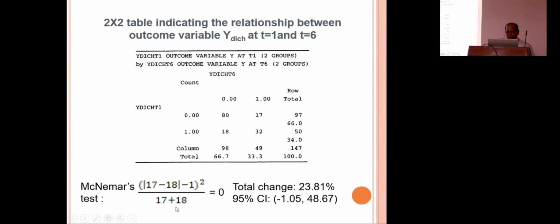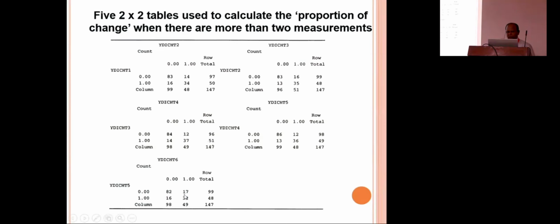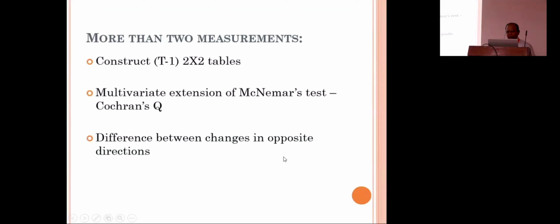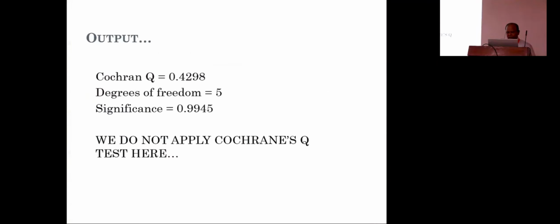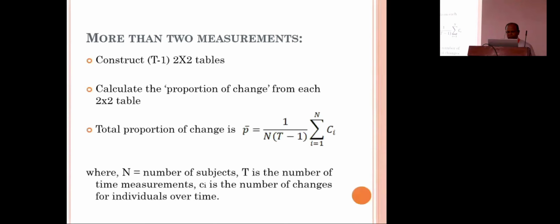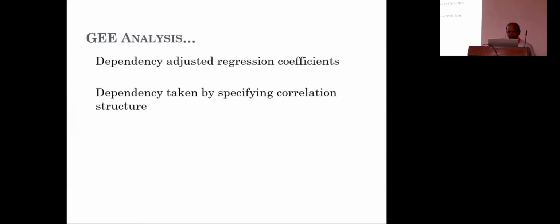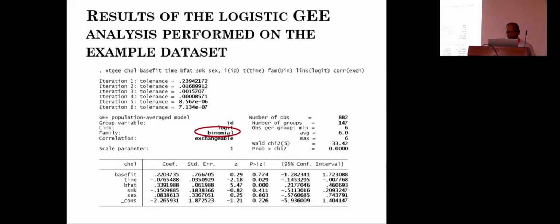These are all our time points, say for example, 1 versus 2, 2 versus 3, 3 versus 4, and so on and so forth. So the multivariate extension of the McNemar's test is the Cochran test. So I'll come directly to the GEE analysis of dependency adjusted regression coefficient.